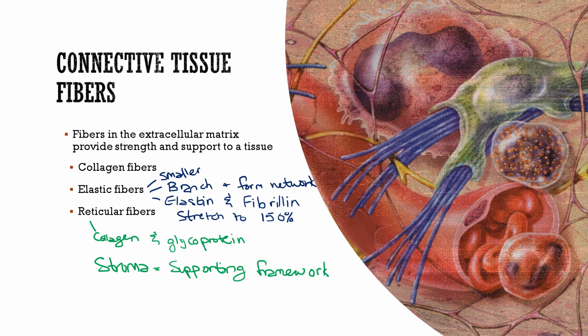So reticular fibers will actually form the stroma in a lot of soft organs like the spleen or the lymph nodes. Reticular fibers also help to form the basement membrane.